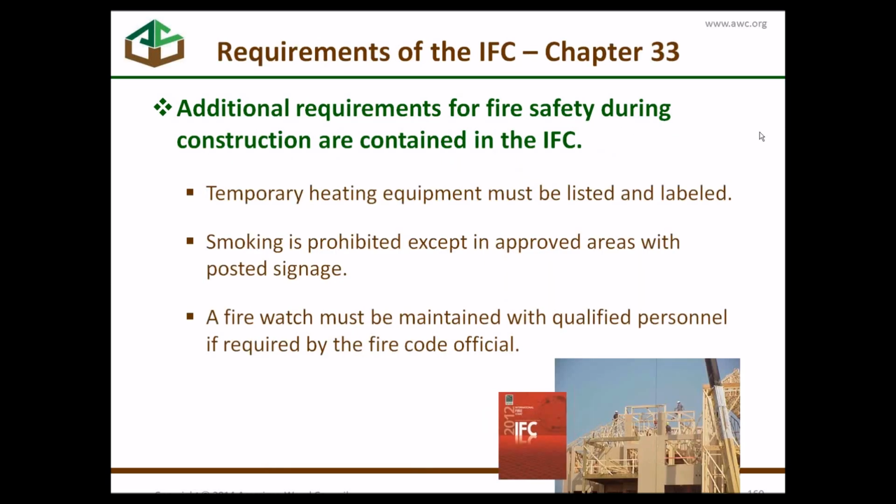What are some of those? Well, we're very familiar with some of these. Precautions about temporary heating equipment, smoking is prohibited. A fire watch has to be maintained during construction if the fire code official requires it. Here's the main one.